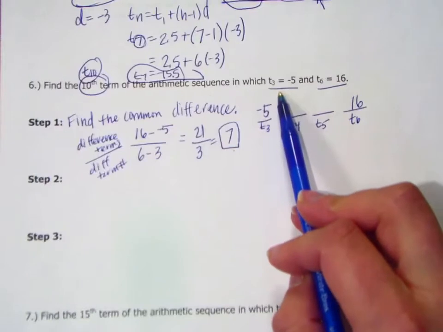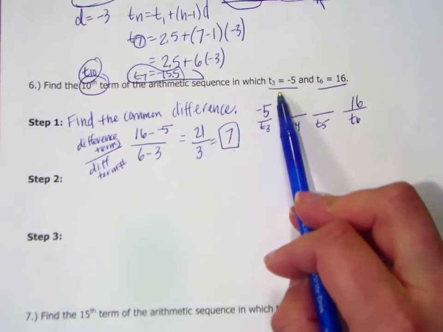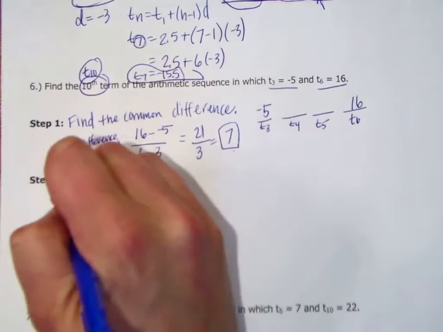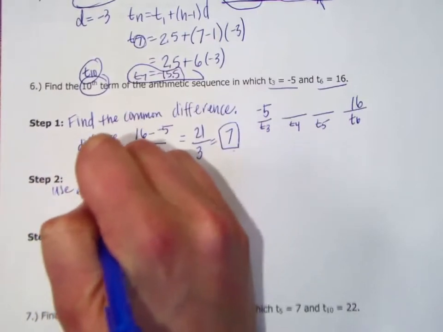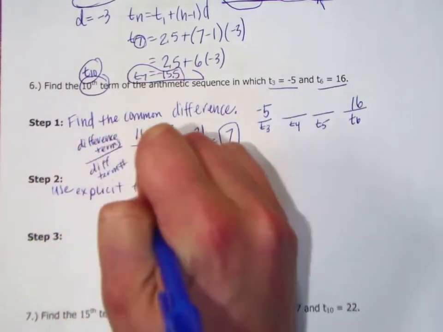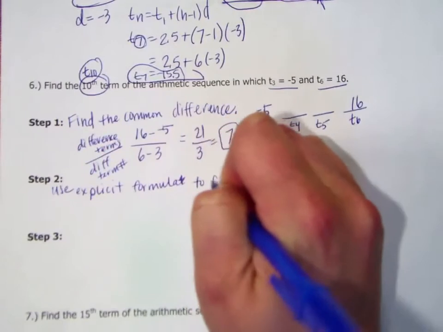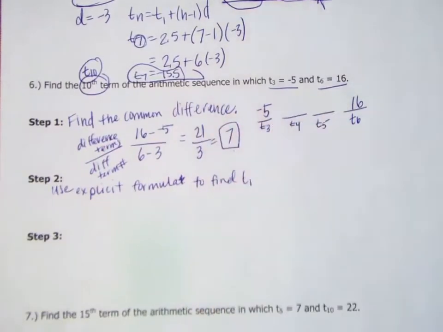You're not going to want to work way back from that. So I'm going to show you a way that will work every time. But keep in mind, if it's easier to just work backwards, do that. Okay? So what we're going to do now is use the explicit formula to find the first term.